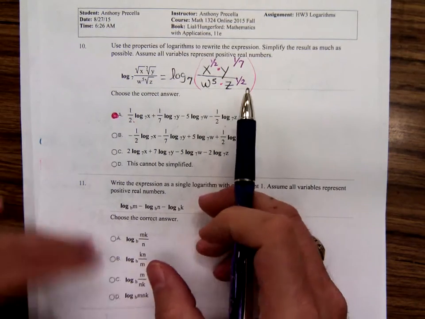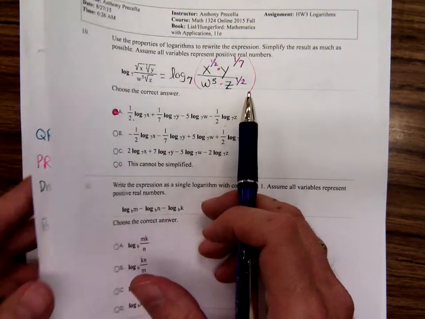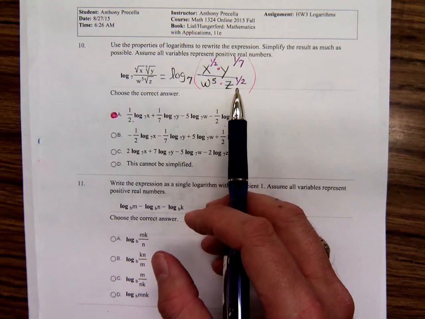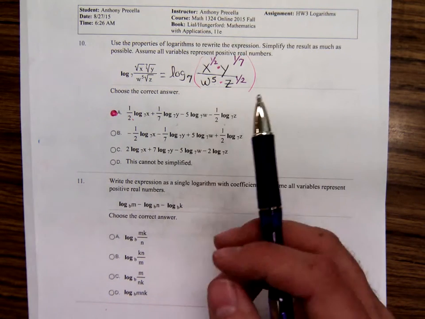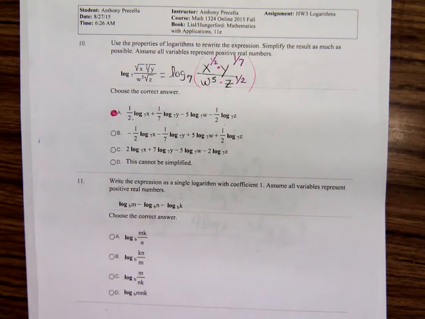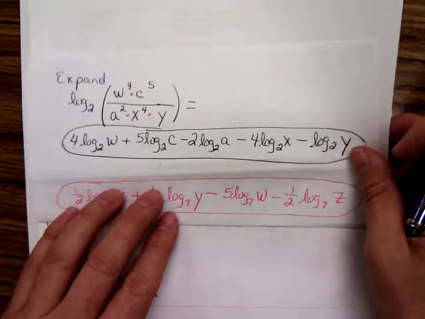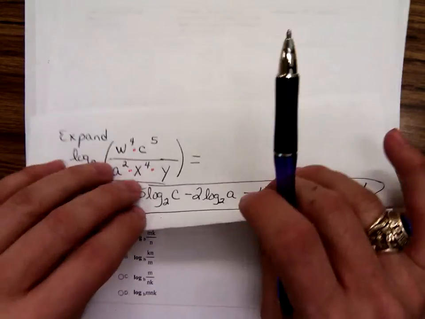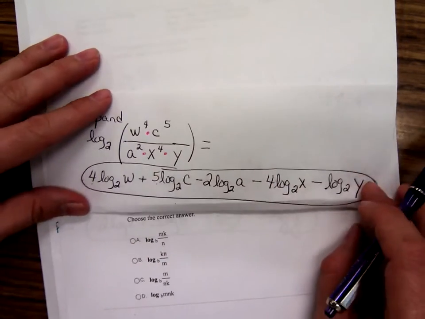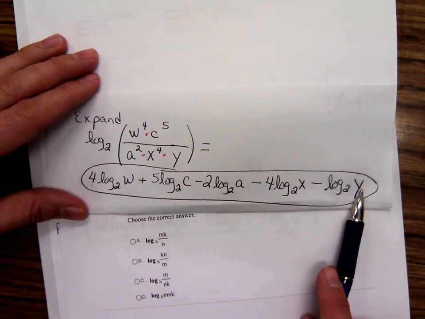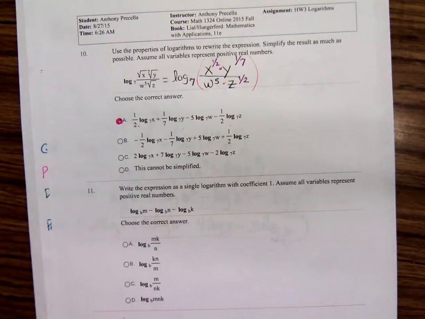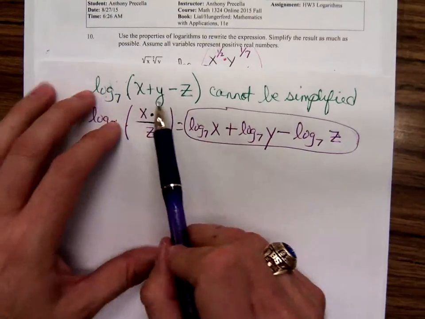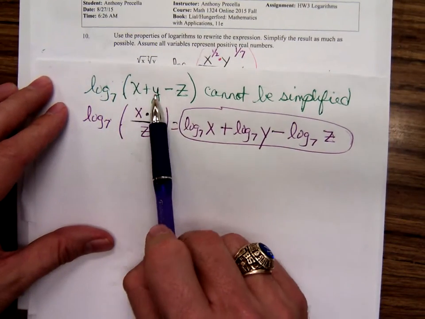And the very last thing I'd done was mention that you can't separate logarithms at addition and subtraction. You separate them at multiplication and division. We did a problem like this, expanding it. And we made the note that this logarithm can't be simplified.